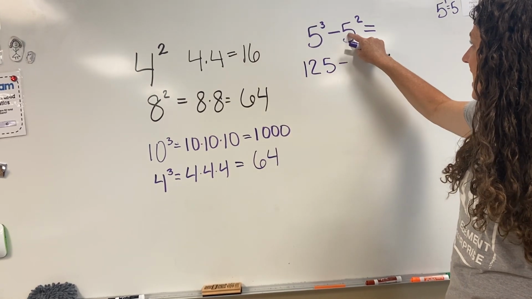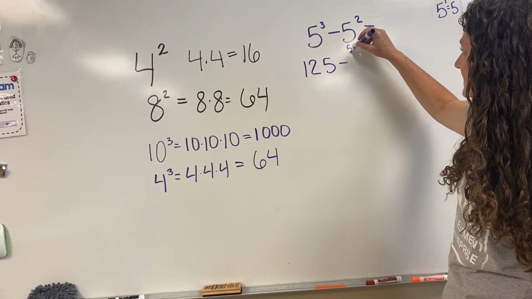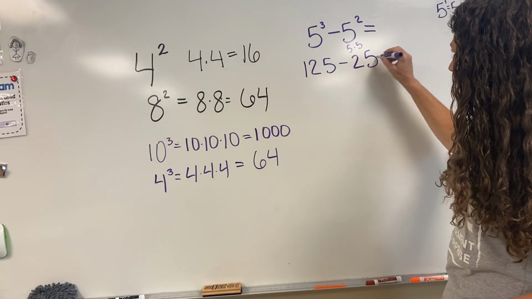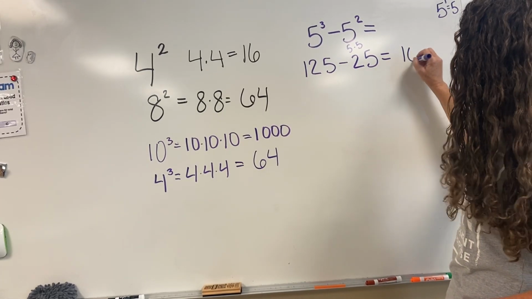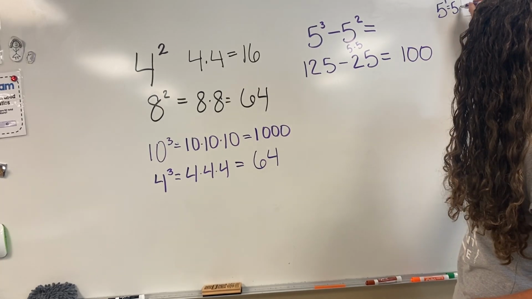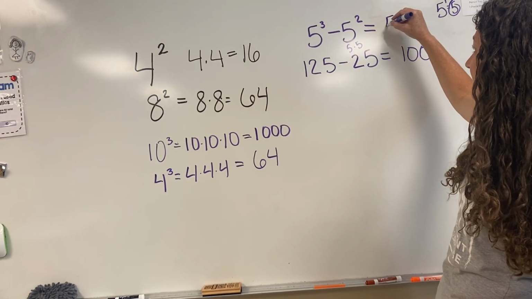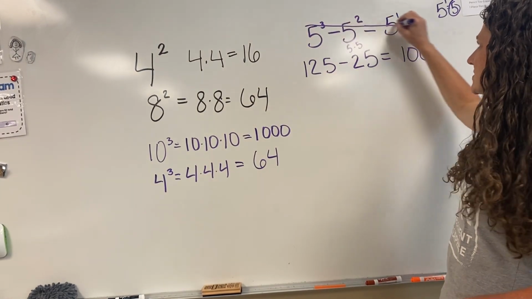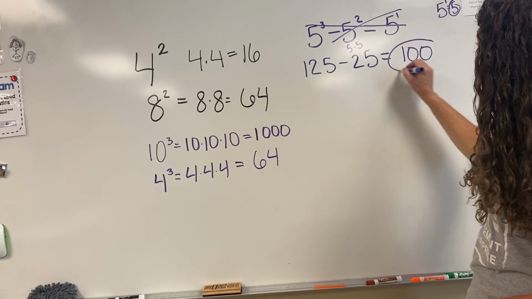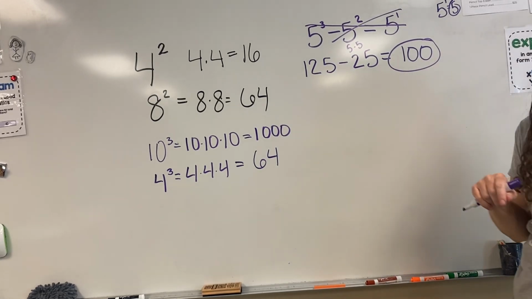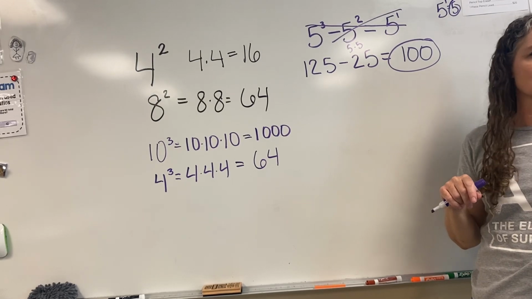Now, what is 5 squared? That's 5 times 5, which is 25. What's 125 minus 25? 100. So Kessler's first guess was 5, because 5 to the third minus 5 to the second must be 5 to the first. Except it is not. It's 100, because another times 5 adds so much. You can't add and subtract them like that. We're going to learn how to multiply and divide numbers in exponential form, but you actually can't add and subtract them like that. It doesn't work.